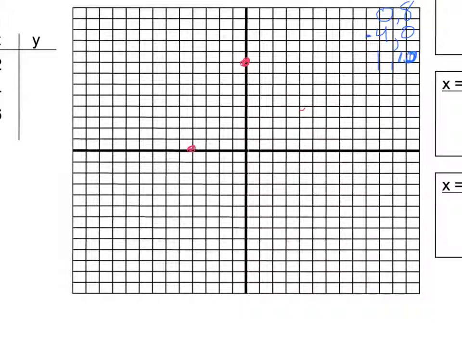So that goes here. And then my last point is 1, 10. So I go over x 1 to the right and then up 10 to there. So there's 3 points. It looks like a pretty good line to me. So I draw my line through those points. I put arrows on the end and I am done.